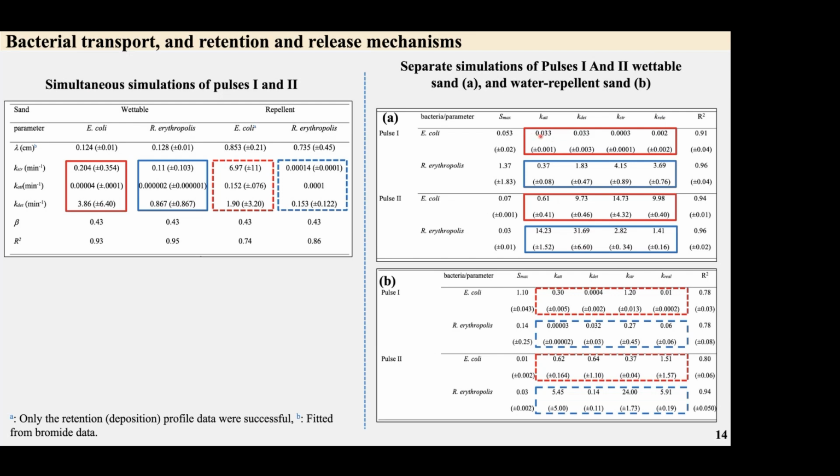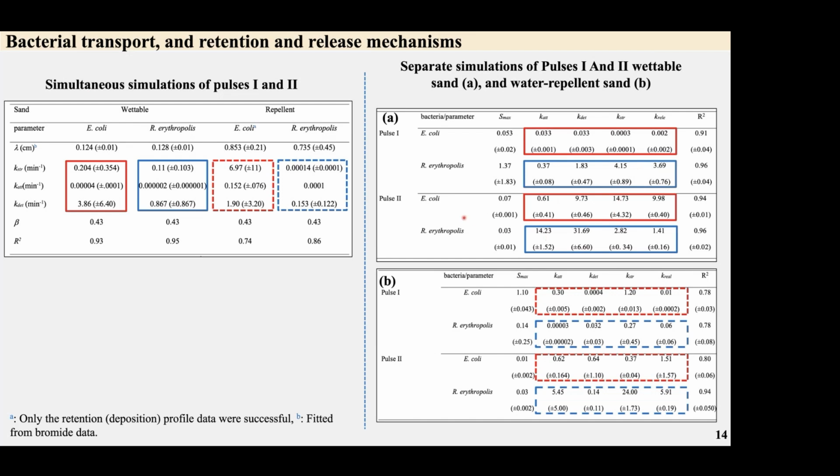So the coefficient for attachment for E. coli was higher than straining as physical. This means that when the sand columns were dry, E. coli was attached to the particles. But interestingly, Rhodococcus was physically strained in the columns.